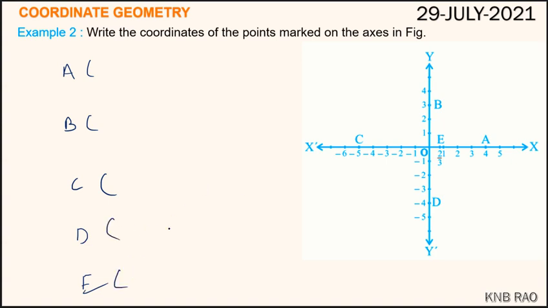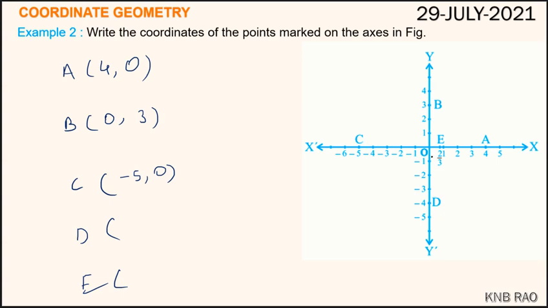Let us go for A. 4 is x coordinate, and since it is lying on x axis, ordinate will be 0. B, since it is lying on y axis, 0 will be its x coordinate and 3 will be its y coordinate. C, it is lying on x axis, so minus 5 comma 0 will be the coordinates of C.